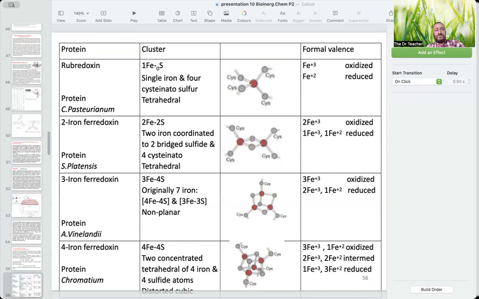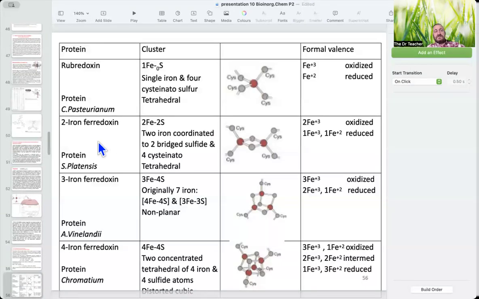Protein, we have different kinds of proteins, rubredoxin, and the other protein here. Cluster is 1 iron sulfur, single iron, and 4 cysteinate sulfur, tetrahedral form. The formal valence will be iron 3, iron 2. This is the structure of the cluster of this protein.